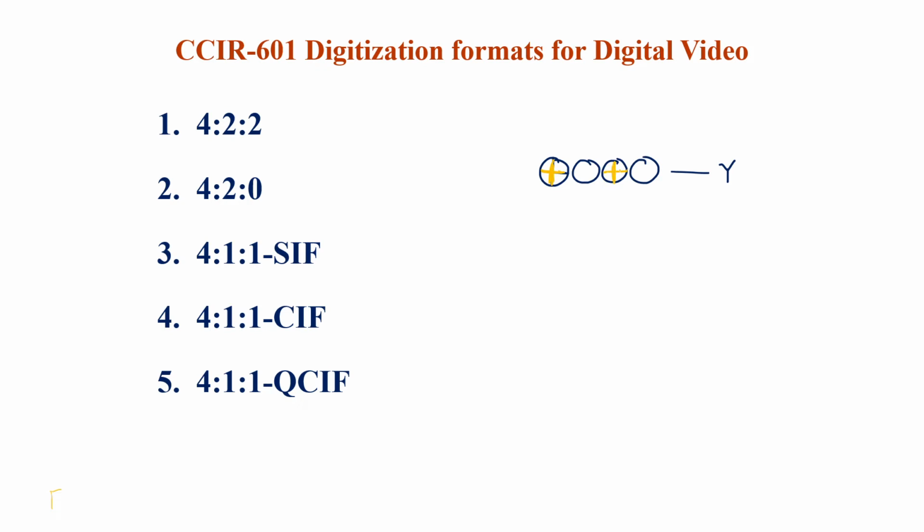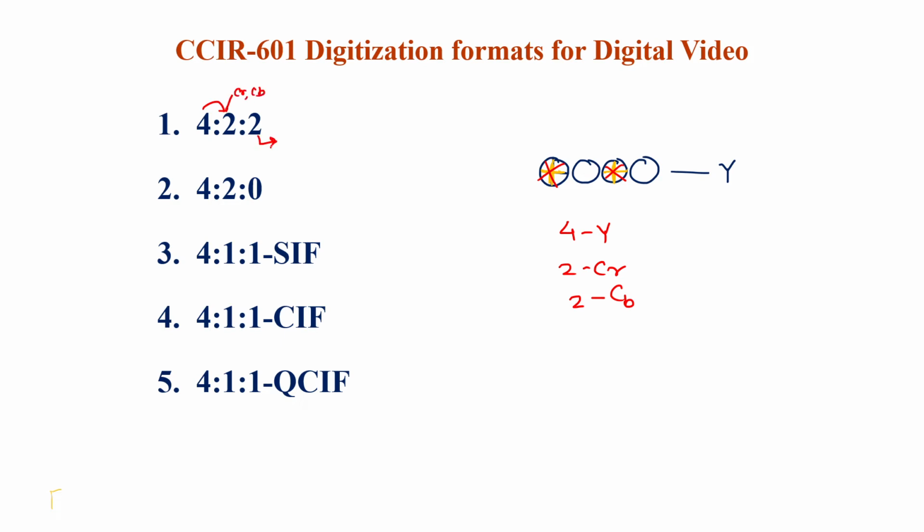So 2 samples I have used for CR, and again 2 samples for CB. So I have a red color difference signal, and I have a blue color difference signal. So आपने 4 luminance के लिए use करे हैं. So 4 samples for Y, 2 samples for CR, and 2 for CB on the one line. ठीक है? This means 4:2, so 2 both for CR and CB.